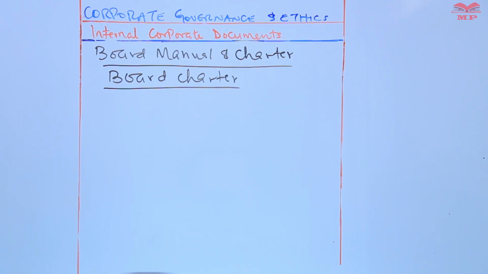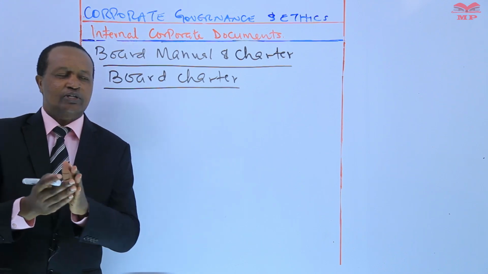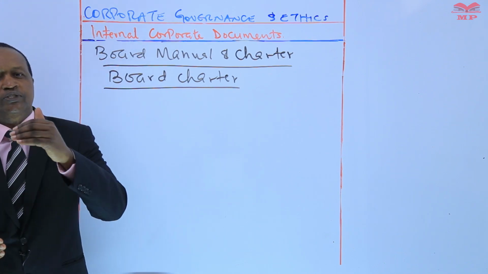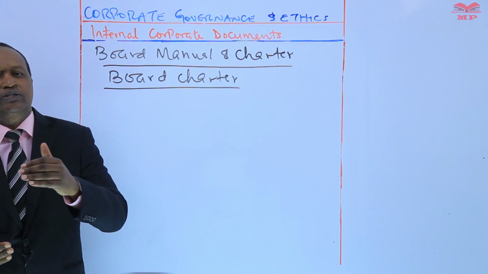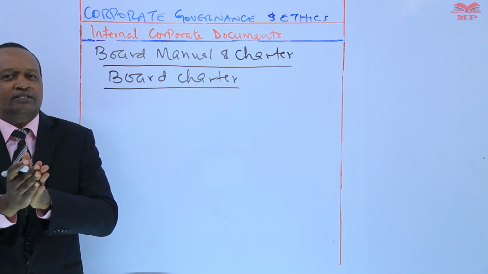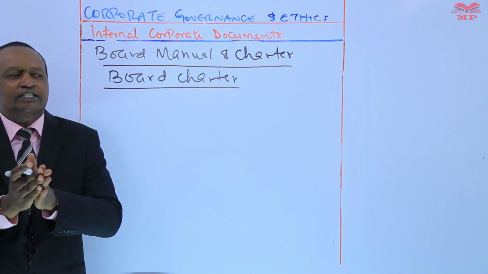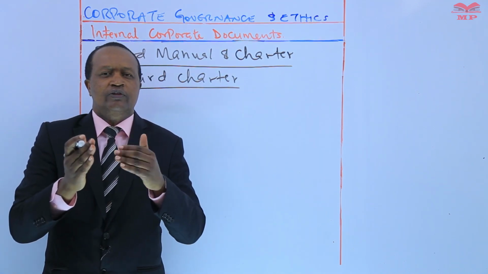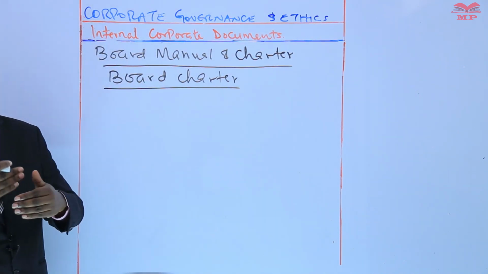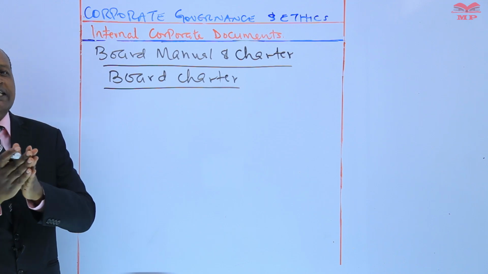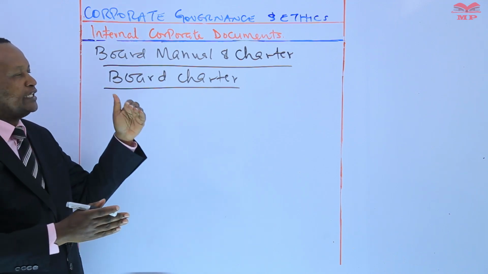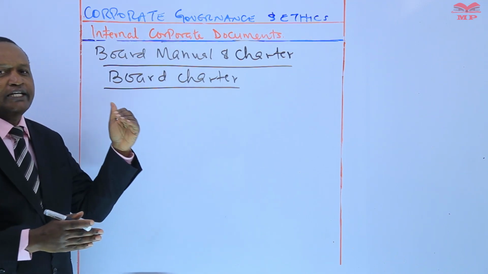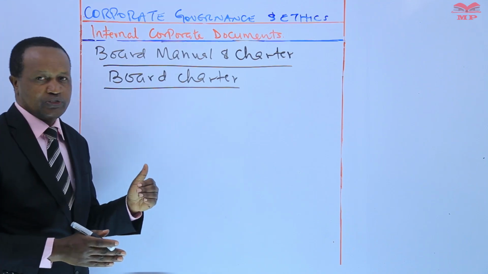Now, a board charter is a high-level document that outlines the board's roles, responsibilities, and authority within the company. It is essentially a framework for the board's decisions and operations, providing a clear understanding of the purpose of the board and how the board functions.